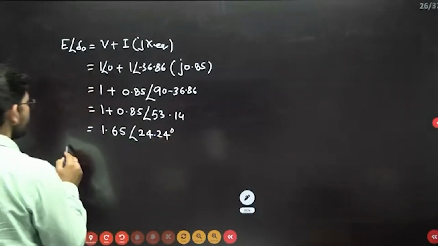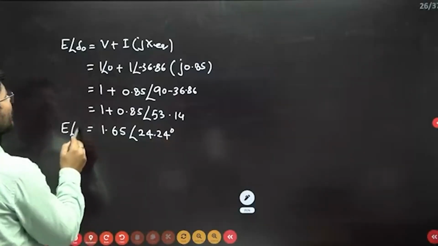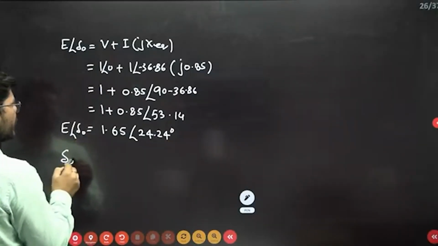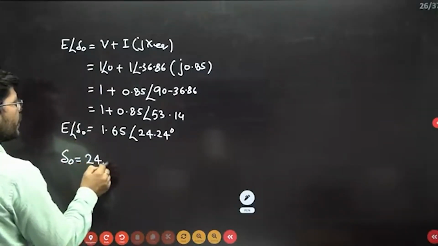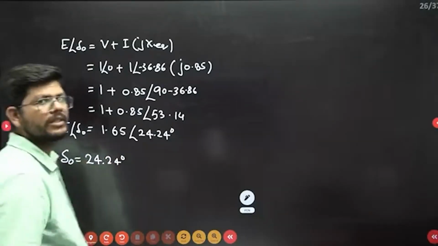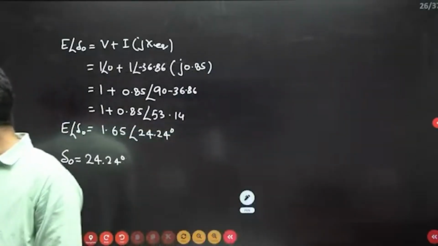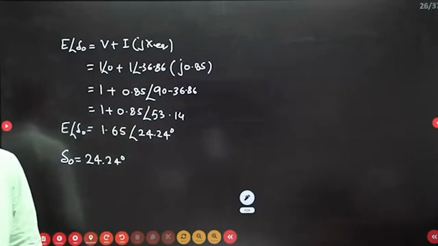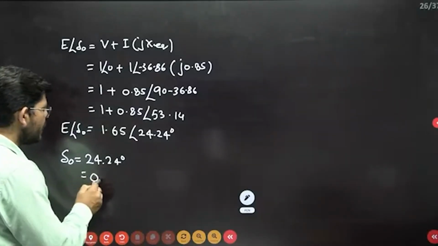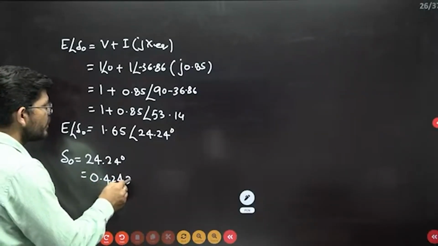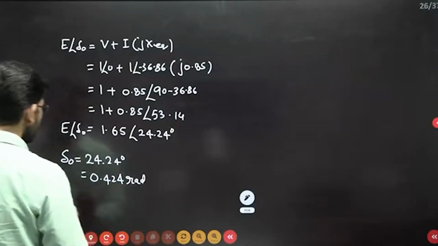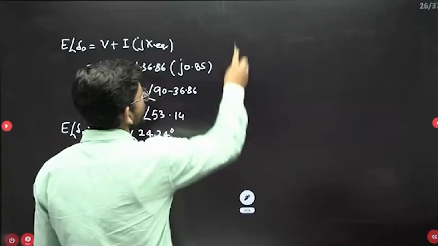So just see E angle del naught. What is the value of del naught? 24.24 degrees. In terms of radians, it will be 0.424 radian.